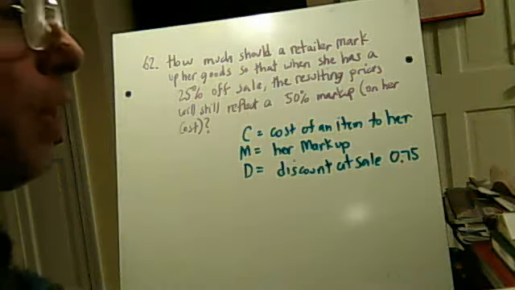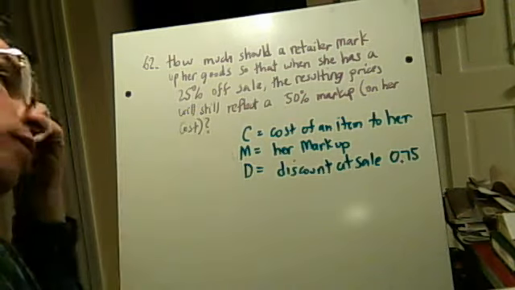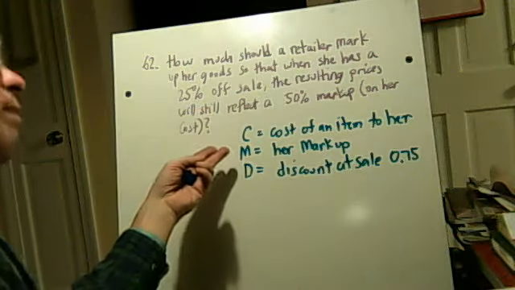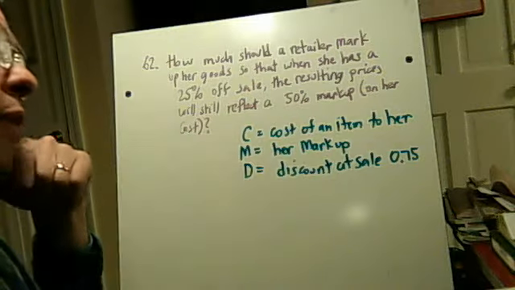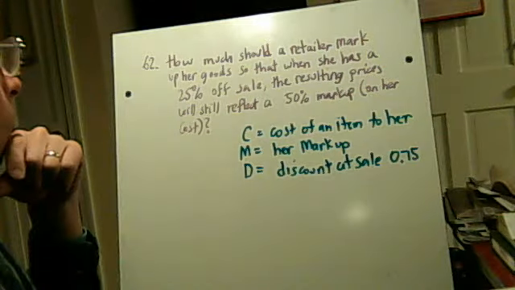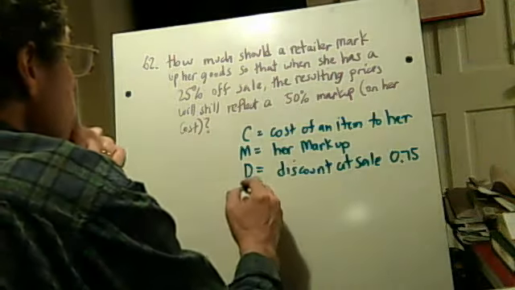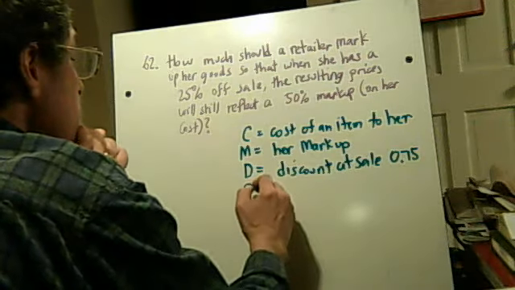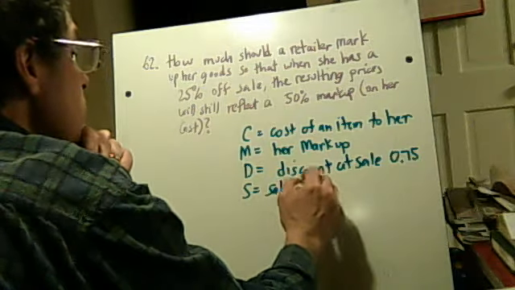That's 25% off. You have to multiply that by the amount that you've got it marked up, which is your list price, in order to get the sale price, right? So now we want the sale price, say S is the sale price. That's the price she actually sells it for.